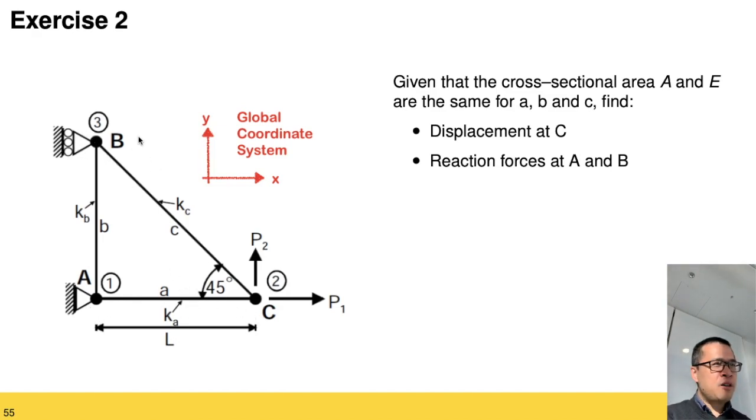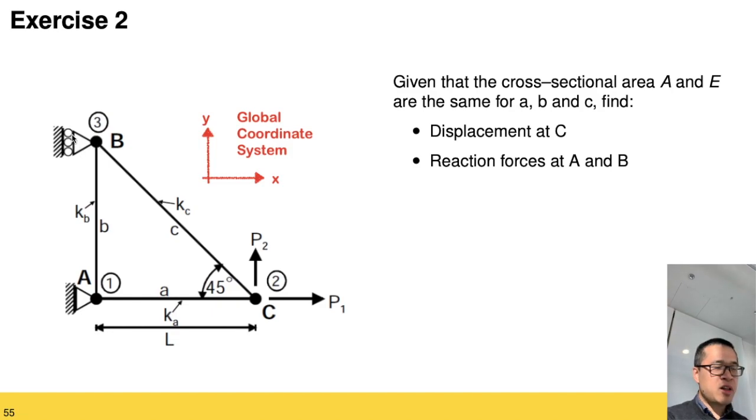Node A is fixed to the wall here. And we have point B, or the node B, is not fixed.